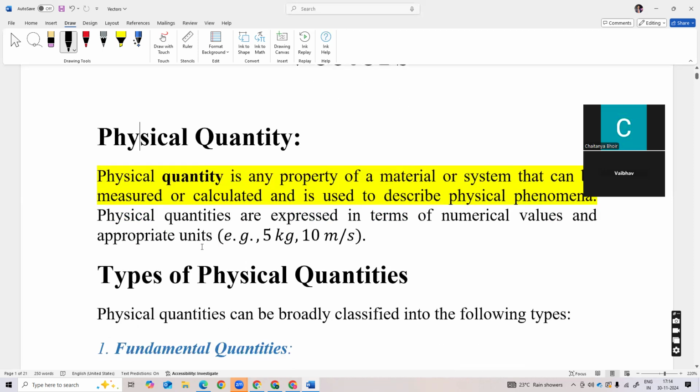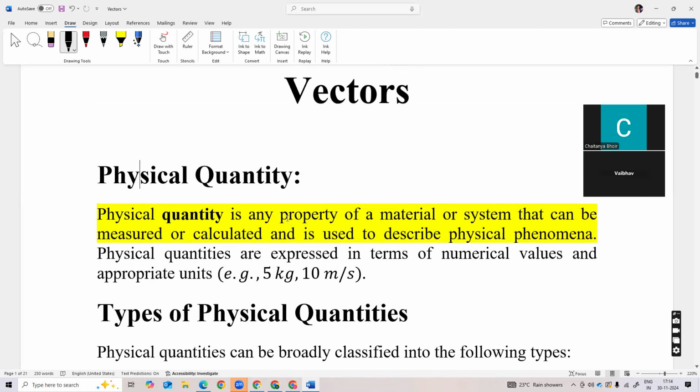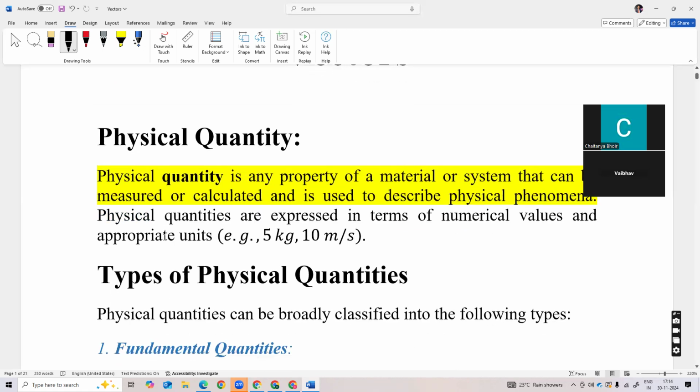That is the first thing. And second, it is used to describe physical phenomena. Physical quantities are expressed in terms of numerical values and appropriate units.